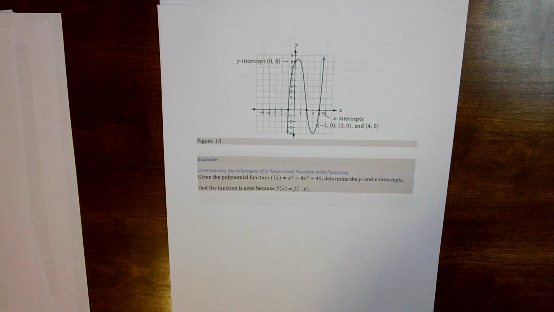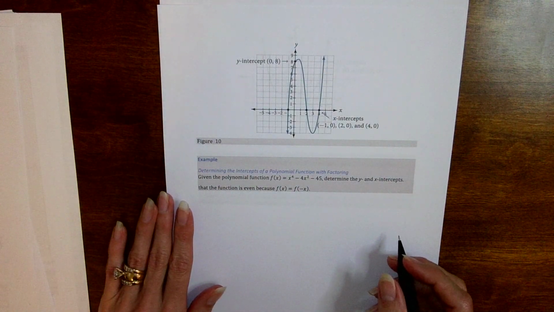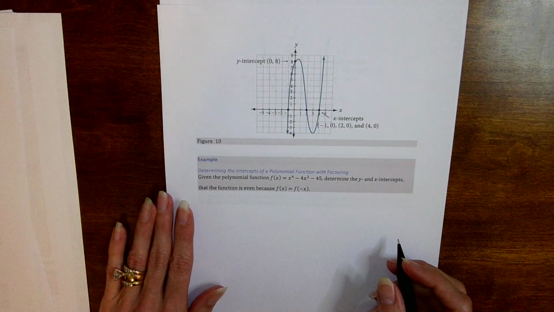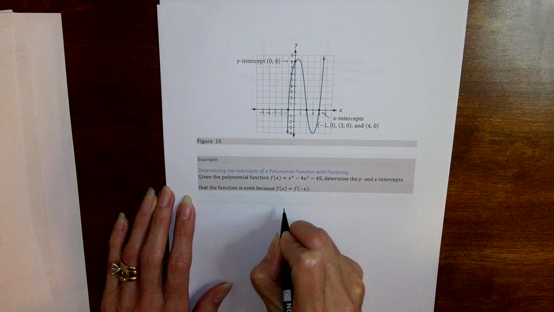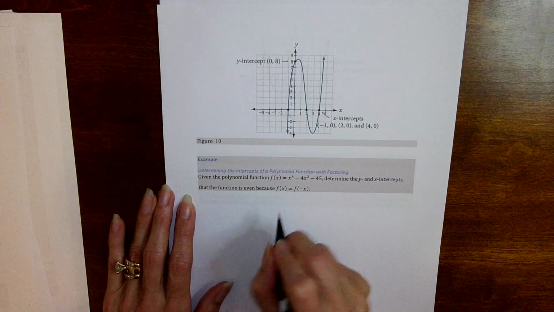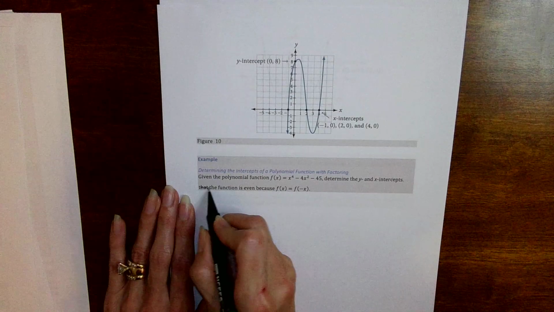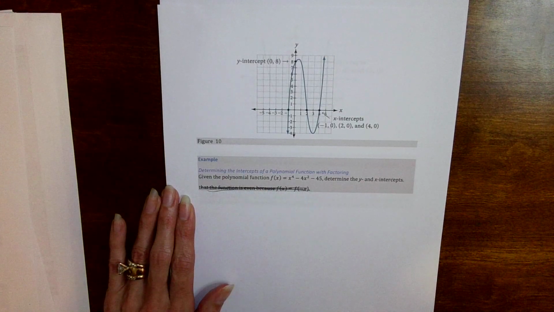Alright. So determine the intercepts of this function with factoring. So I'm going to determine the x and y intercepts. I don't think that line's supposed to be there, so I'll make sure it's not on your notes.